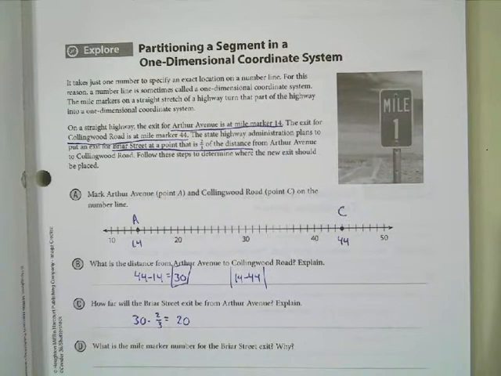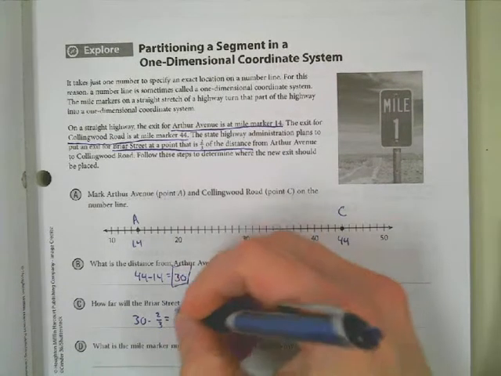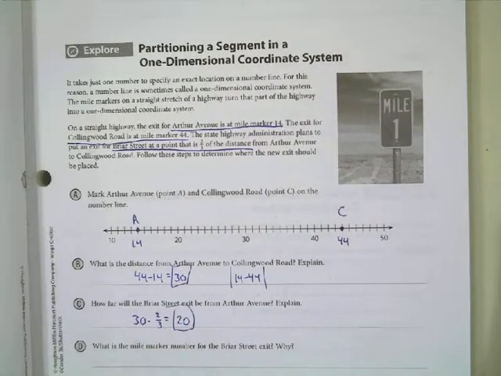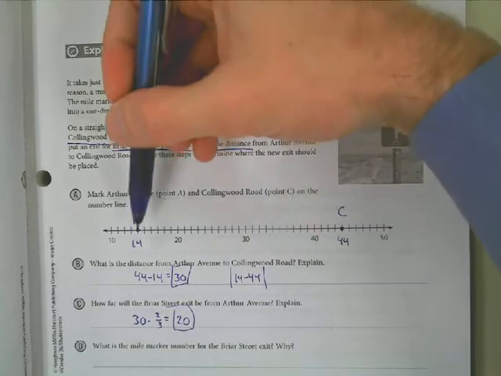So that's our distance. What is the mile marker number, though, for the Briar Street exit? What would the mile marker number be for the Briar Street exit? 20 is the distance from Arthur Avenue.